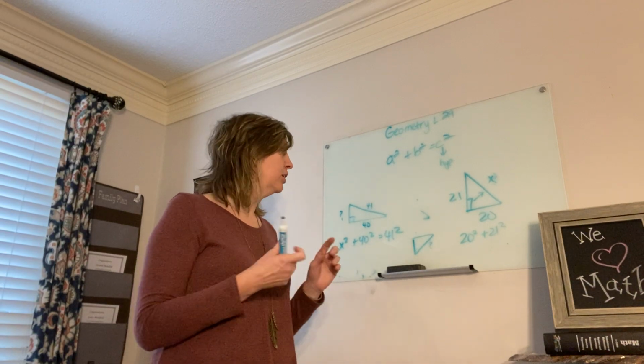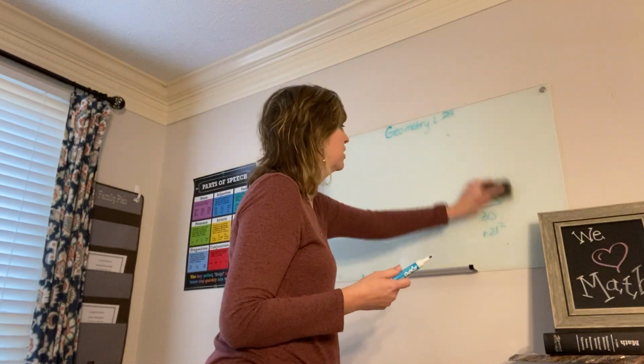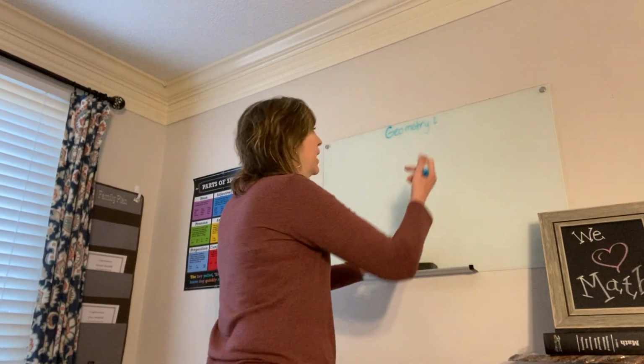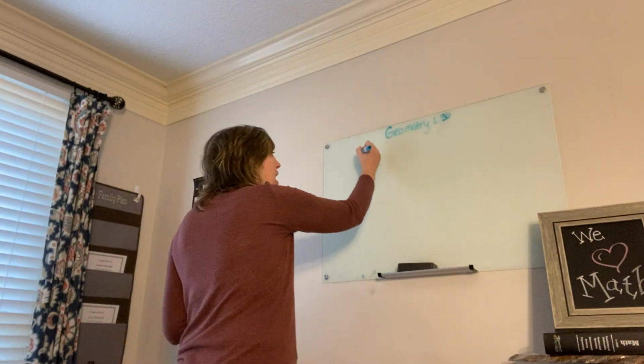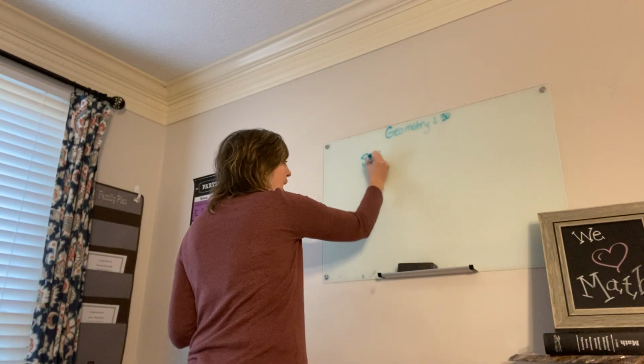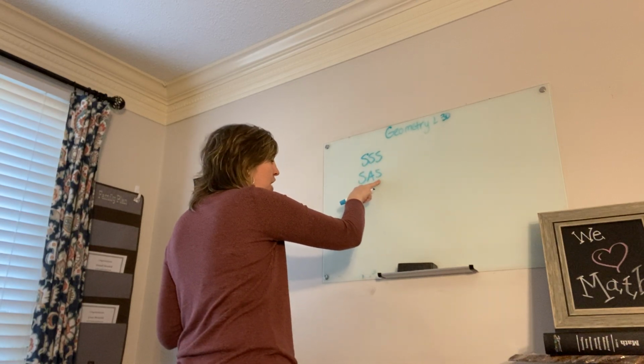So as we jump into lesson 30, let's talk about what we have learned so far about how I can prove a triangle is congruent. I can prove side, side, side, and we talked about side, angle, side, where the angle is in between the two adjacent sides.